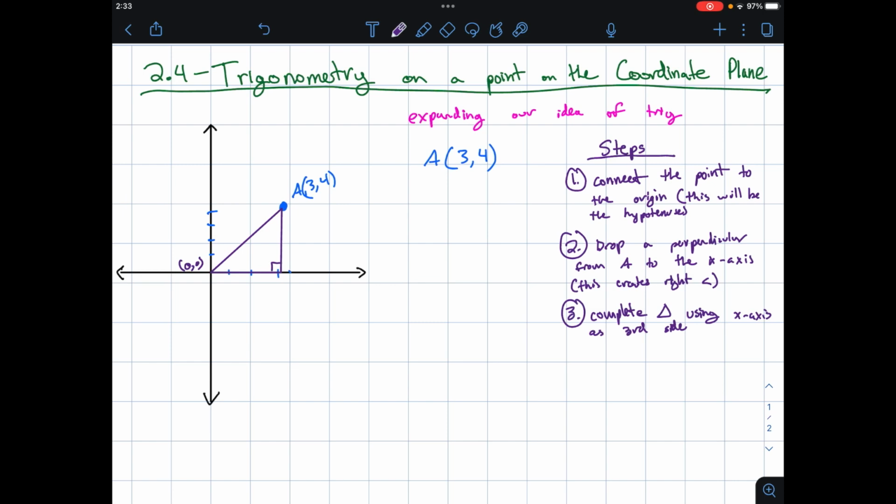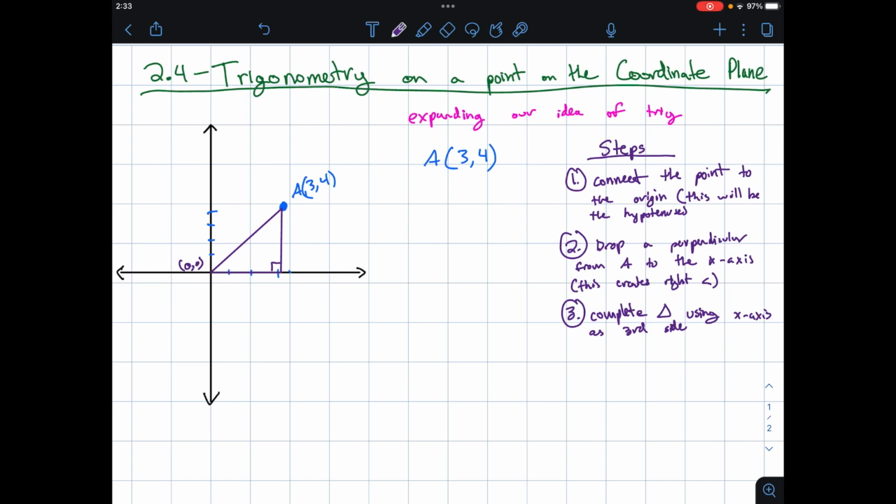Now, in this definition of trigonometry on the coordinate plane, we had to decide to build this triangle based on this point. This is something that we are choosing to define our system based on, and we're saying that if we have a point and we want to do trig on that point, we will draw the hypotenuse to the origin, drop a perpendicular to the x-axis. This forms our triangle.